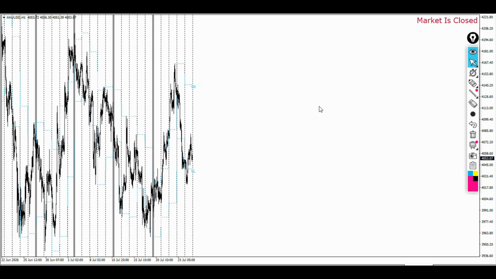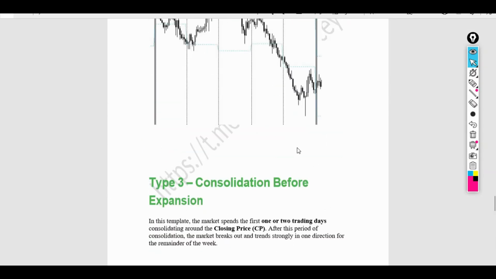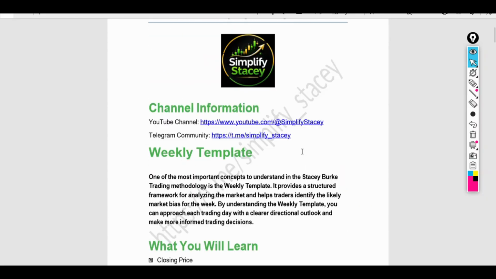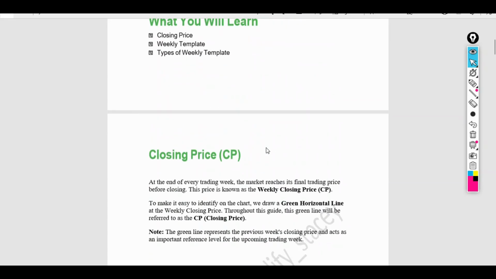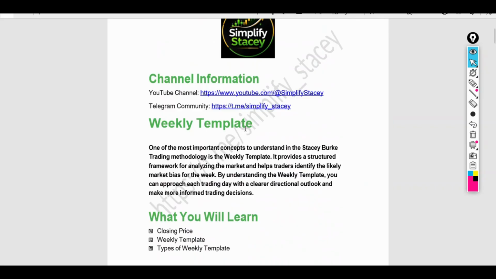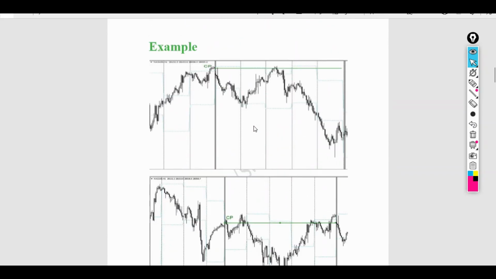Before we start the weekly template, let me tell you another thing. This is one of our PDFs about the weekly template, how I use the weekly template. You can learn from this PDF together with the video. In the PDF I also demonstrated what the weekly template is and what we need to identify in the weekly template.